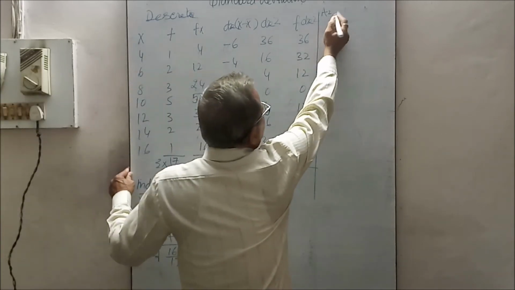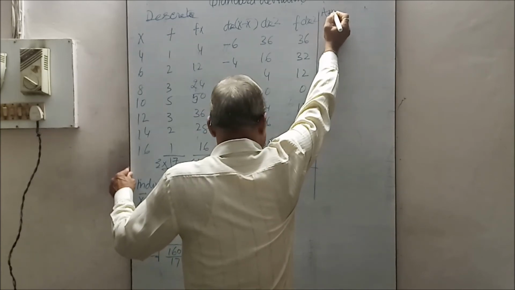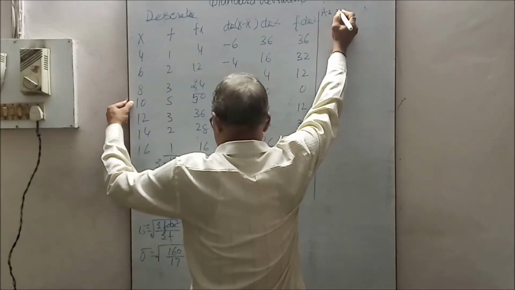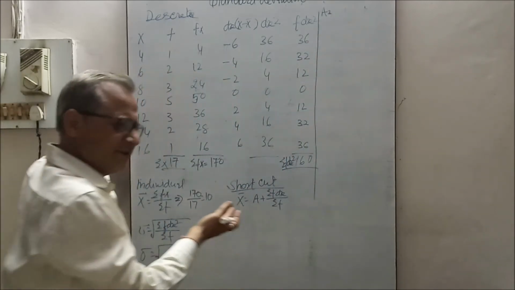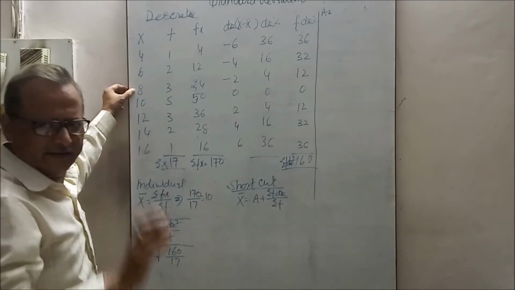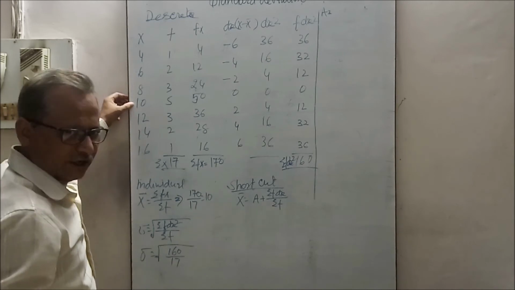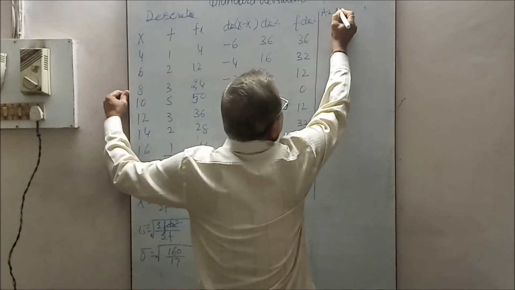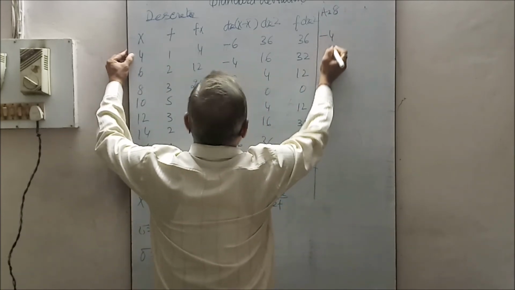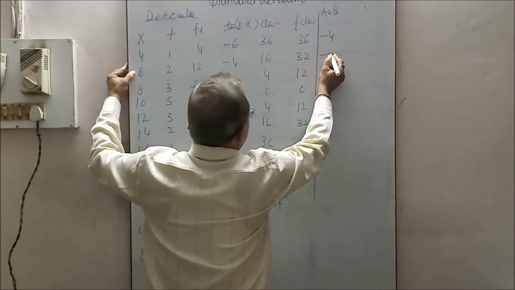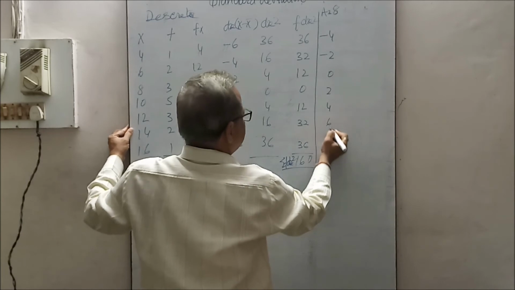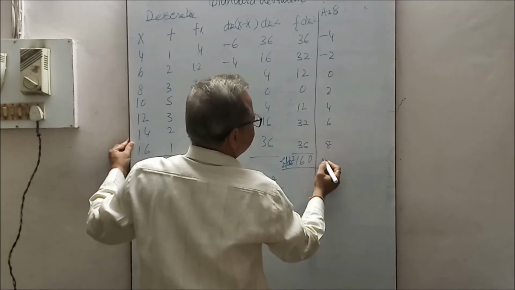See, A is any assumed value. If you assume 10, the same will come, but suppose 8 is taken, not the actual mean. Assume mean is 8. Now 4 minus 8 is minus 4, 4 minus 6 is minus 2, then 0, 2, 4, 6 and 8.